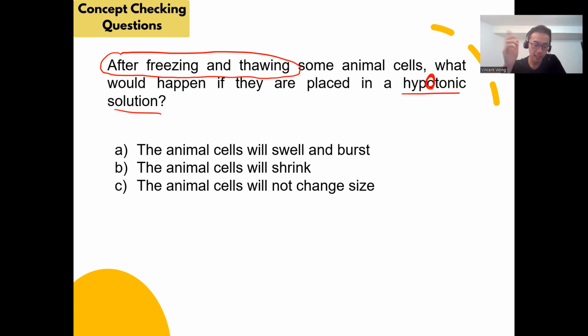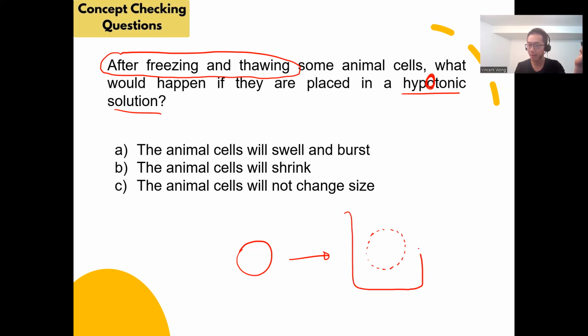So the key thing to know here is when you freeze water, water expands, right? So when you freeze a cell, the expansion of the water and the ice crystals that are forming will puncture the cell membrane. So after you thaw it, the cell membrane is full of holes from the ice crystals.